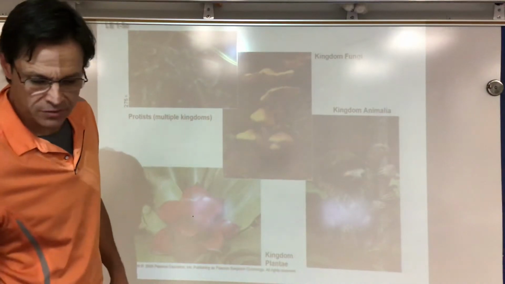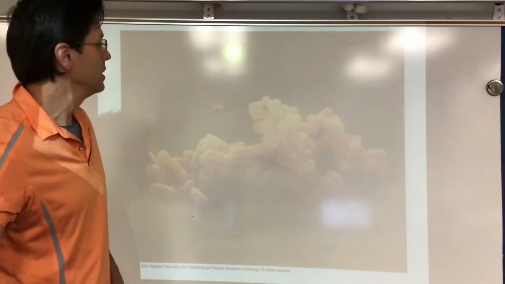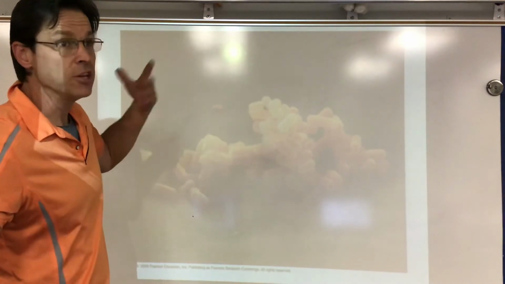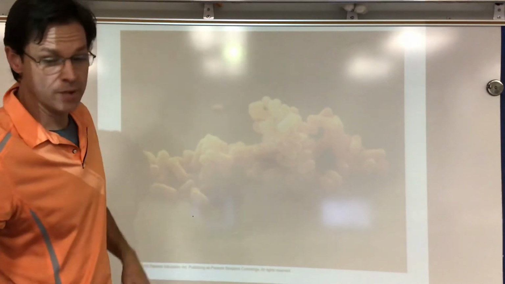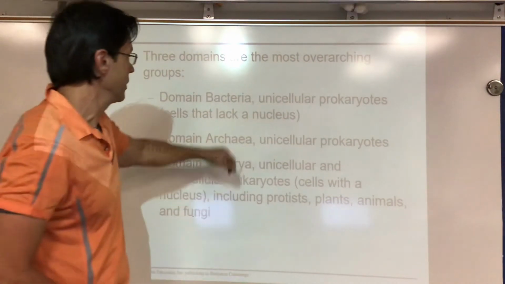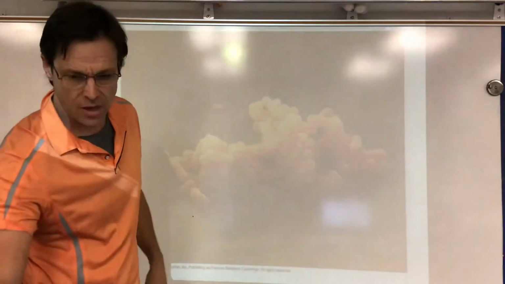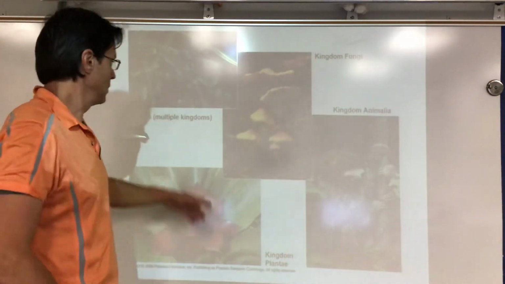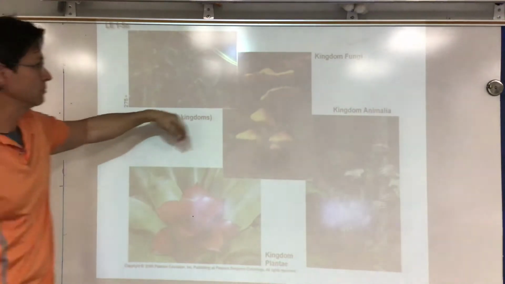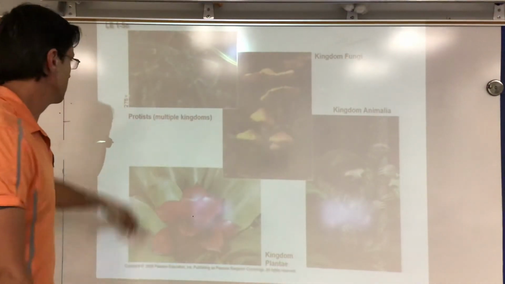Those last two were showing you the two parts of the domain: archaea, or the ancient bacteria, and the new bacteria, okay, the domain Bacteria, bacterium, and Archaea, which means ancient. And then just showing you the other four: there's your plant kingdom, fungi, Animalia, and Protista, okay?